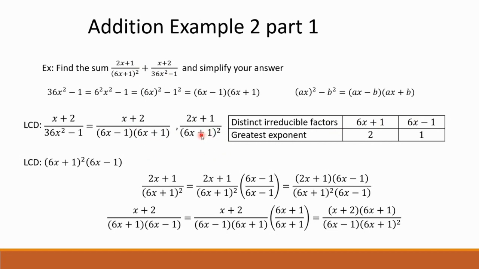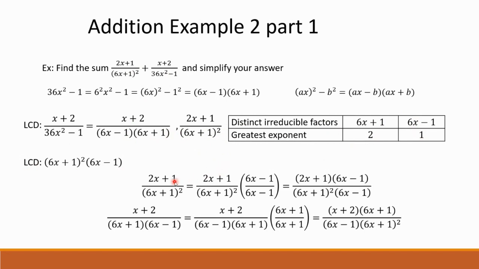Here, 6x plus 1 is the only irreducible factor. For the greatest exponents, well, 6x minus 1, the only exponent of that is 1. For 6x plus 1, we have 1 here. We have 2 here, so we use 2. So the LCD is 6x plus 1 squared times 6x minus 1 to the first, which is itself.